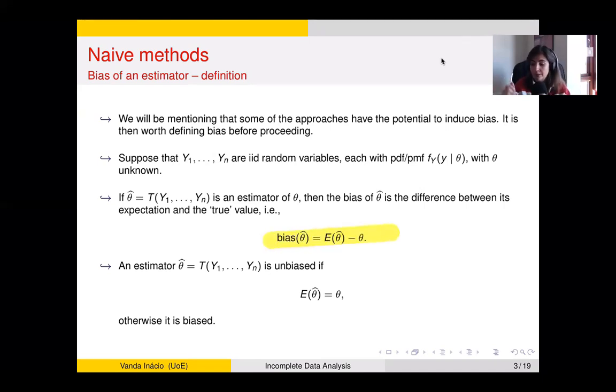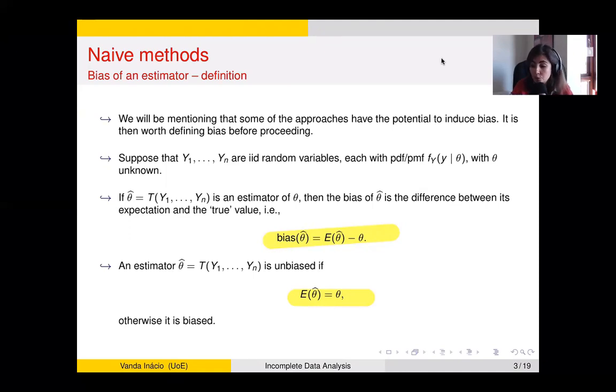The bias of our estimator theta hat is equal to the expectation of theta hat minus the true value of the parameter, which is theta. And we say that the estimator is unbiased if the bias is 0, and so if the expected value of the estimator equals theta. That's exactly what we have here. Otherwise, the estimator is said to be biased.